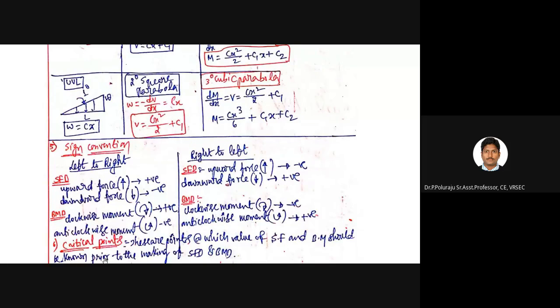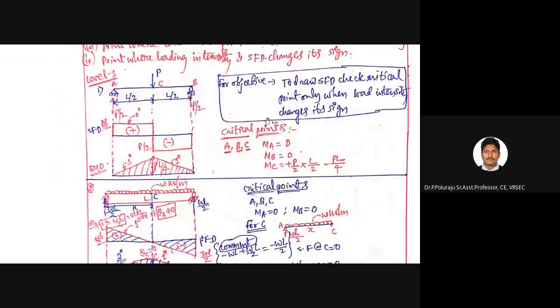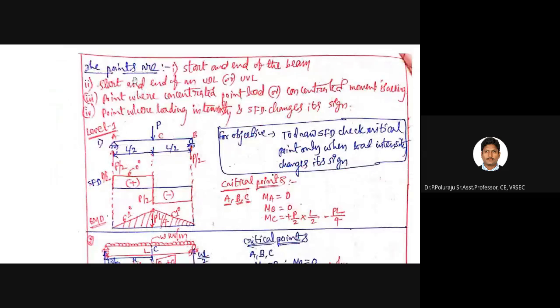And what is meant by critical points? These are points at which the value of shear force and bending moment should be known prior to making the SFD and BMD. Okay, so I am reducing this. Now once again it can be zoomed out.